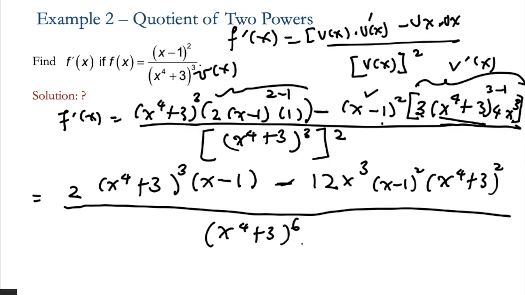Because we have 3 here, we have 3 here as power, we have 2 here as power, we have 6 here as power. The lowest power is 2, so that is the common power for (x to the power of 4 plus 3). Okay, another common factor here is 2. Okay, 2 and 12, we can factorize, isn't it? Another common factor here is what? (x minus 1). Here you have (x minus 1) to the power of 1. Here you have (x minus 1) squared. So the common factor here is (x minus 1) to the power of 1, isn't it?